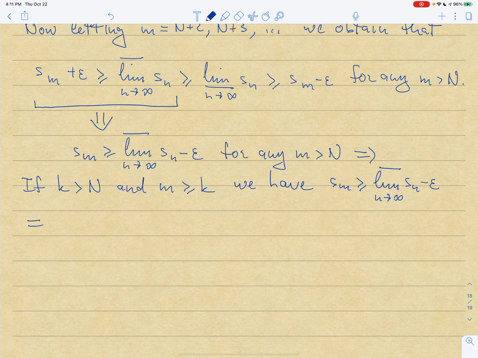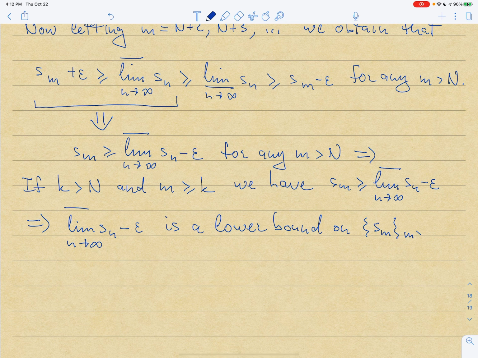And therefore, lim sup as n goes to infinity of Sn minus epsilon, this guy is an upper bound, or actually a lower bound, on the set of Sm with m greater or equal than k, right? Because for each m greater or equal than k, Sm is going to exceed this number, and that's a number, right?